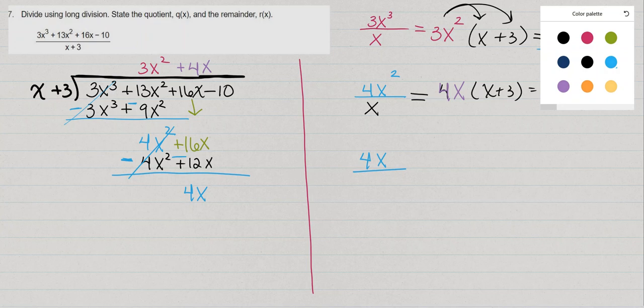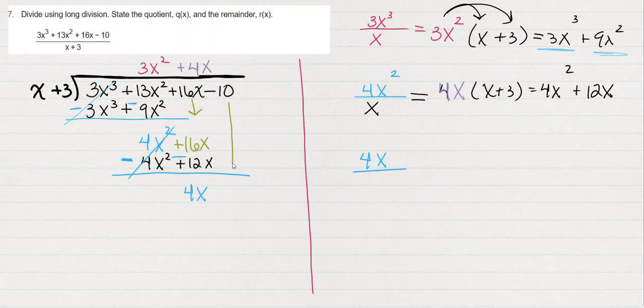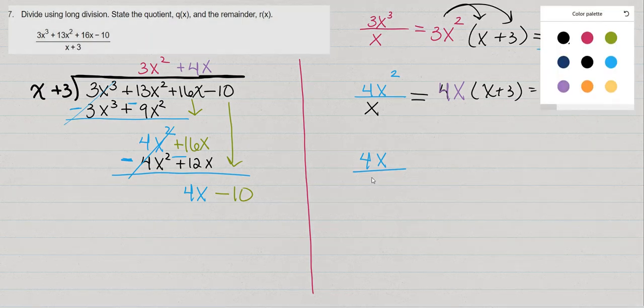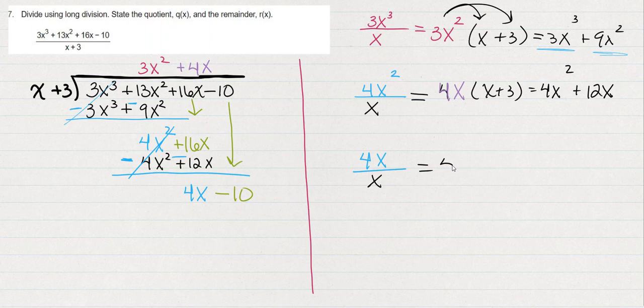We'll bring down this negative 10, and we'll divide the 4x by x and get 4, multiply it by the x plus 3 to get 4x plus 12.